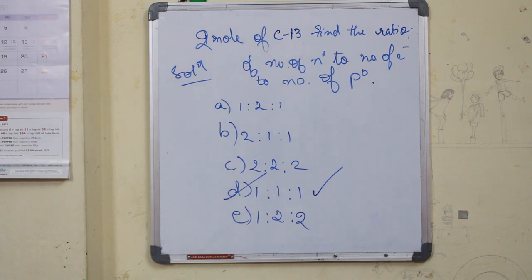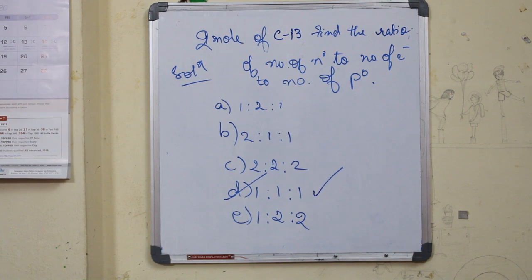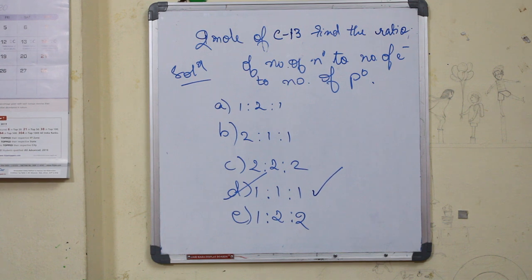First, 2 moles of C13. Find the ratio of number of neutrons to number of electrons to number of protons. What will be the option?